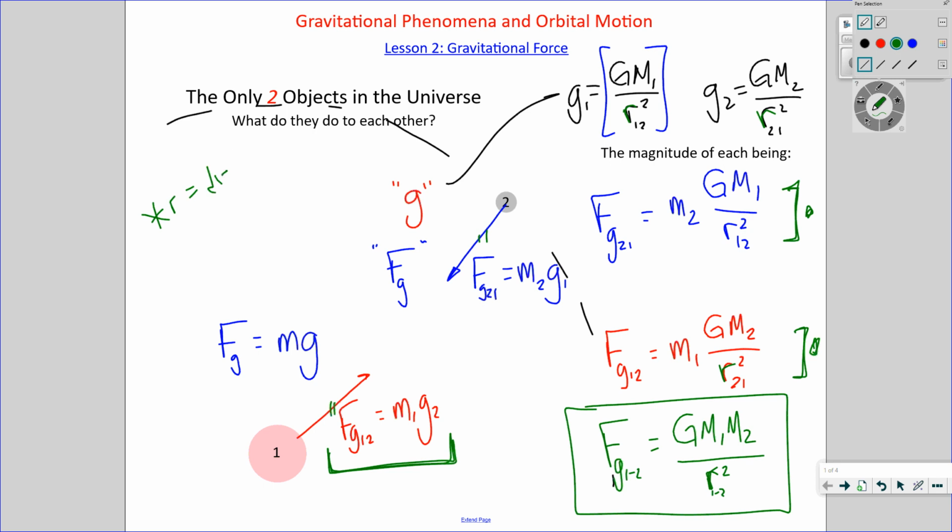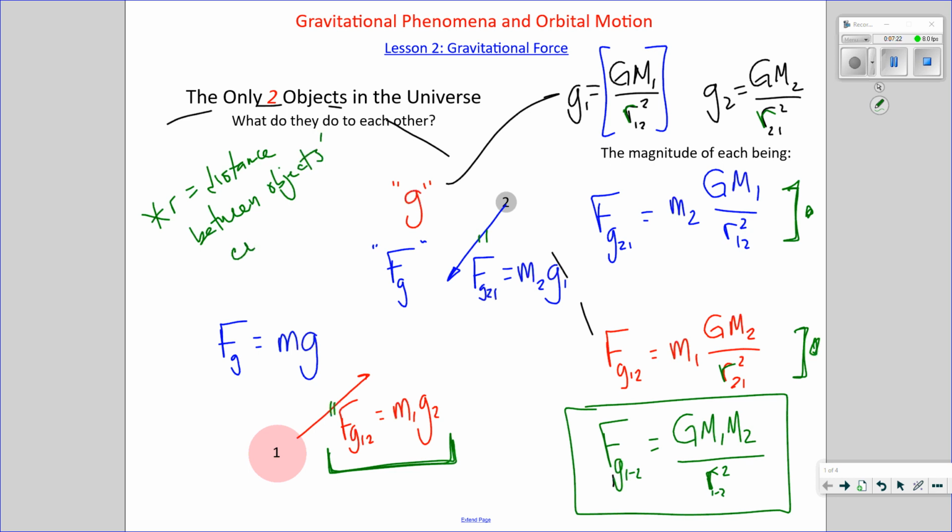R is the distance between objects' centers. Just like r yesterday was the distance from the center of one object to a location in space, this distance is from the center of one object to the center of another.